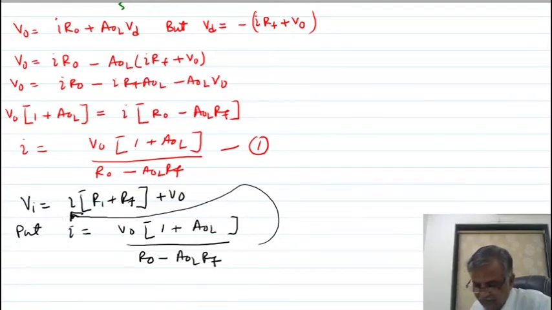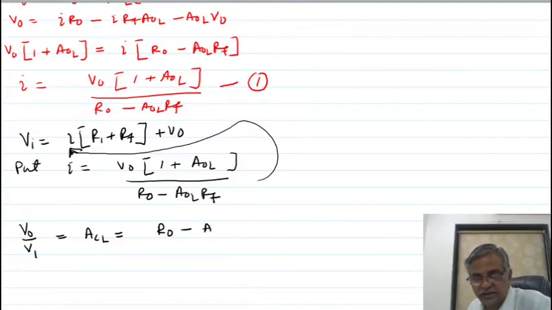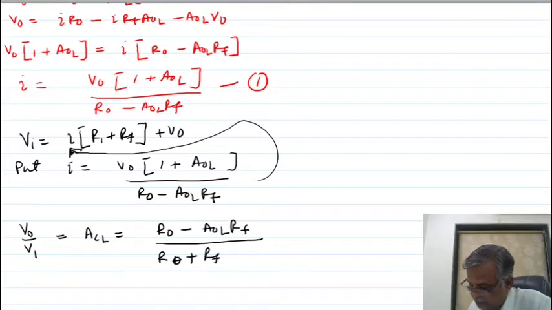you can find the equation of voltage gain, which is called closed loop gain: RO minus AOL into RF upon RO plus RF plus R1 into 1 plus AOL. You can do this much exercise.